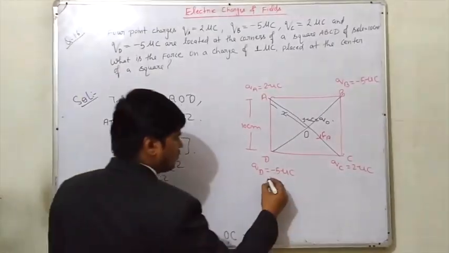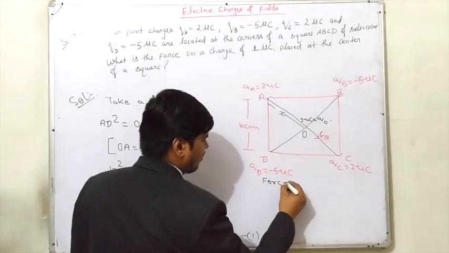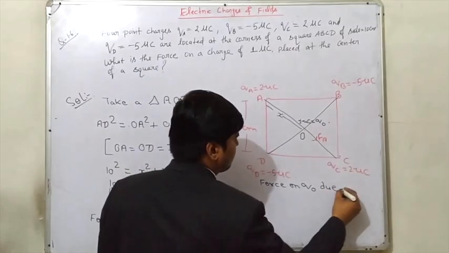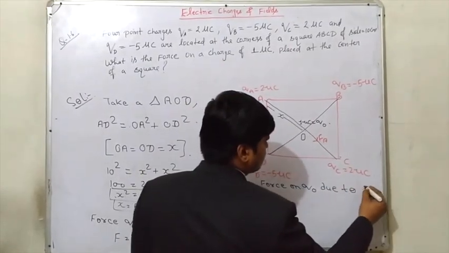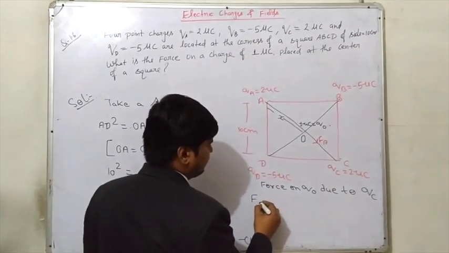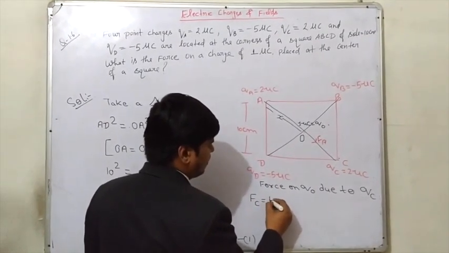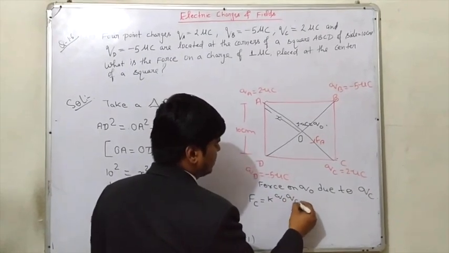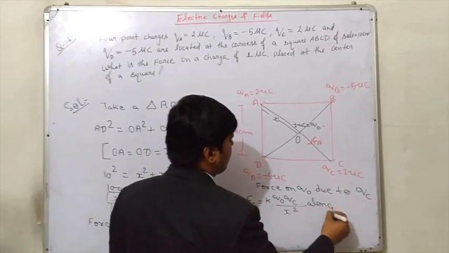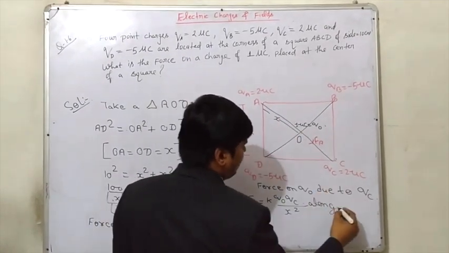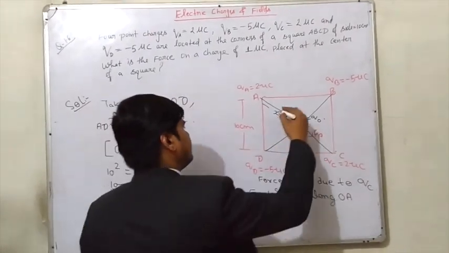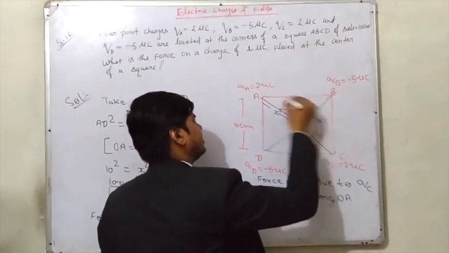Then force on Q naught due to QC, we get FC equal to K Q naught QC upon X square. The force is from O to A, along OA. Direction of force is along OA and the force is FC.